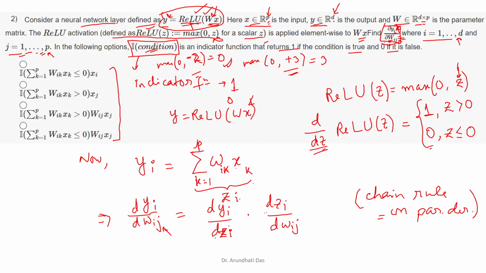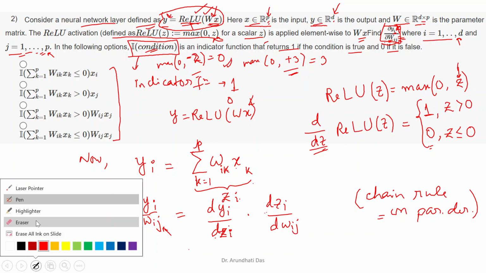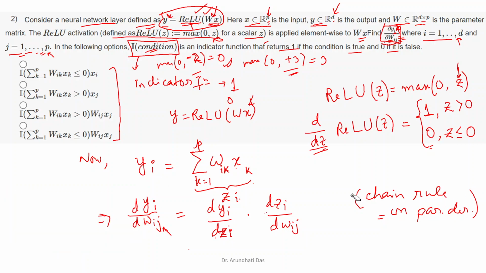Now what happens next, let me rub out some of this because I will not get space to do the calculation. Let me erase this chain rule on the partial derivative.